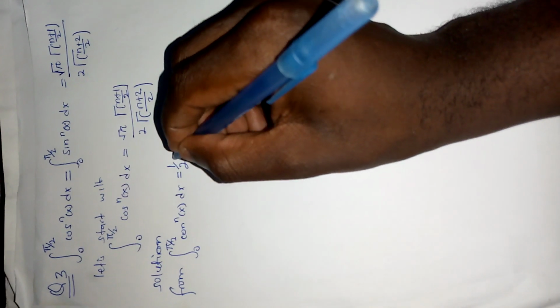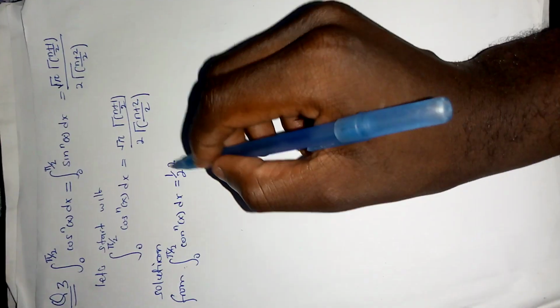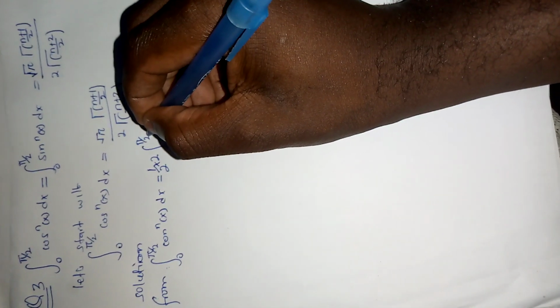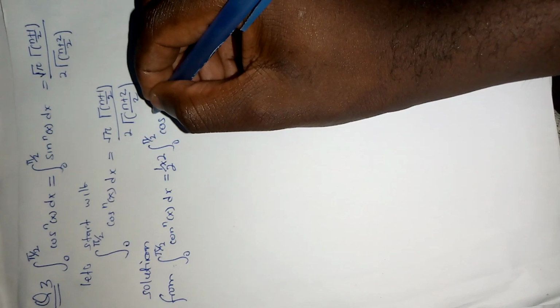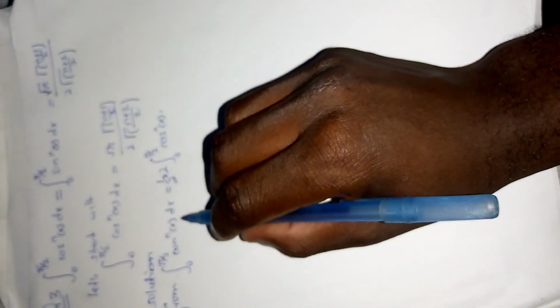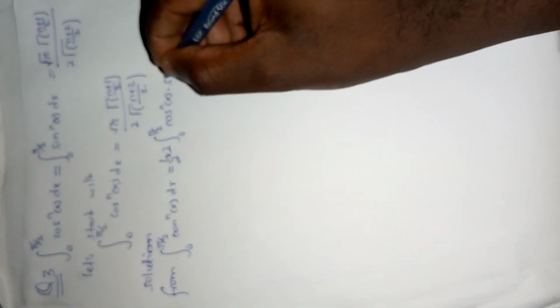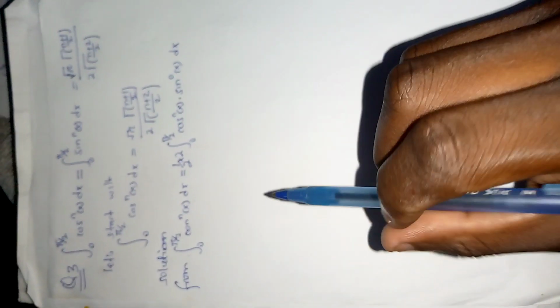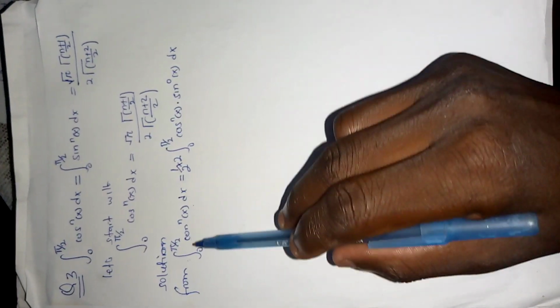So if we introduce a 2 here, we multiply by 2 and divide by 2, so that it is still like 1. From 0 to pi by 2, we have cos n of x. Then we don't have the sine part, but in that function we always have the sine part. So it's just the same as adding sine power 0 of x dx.